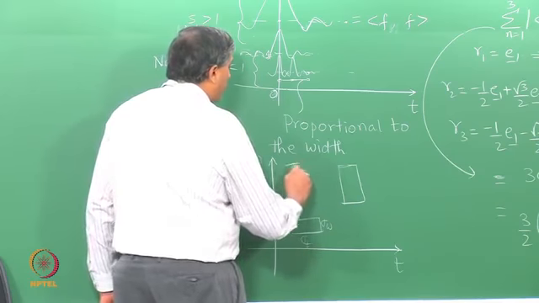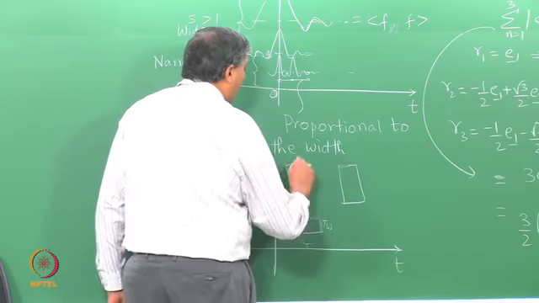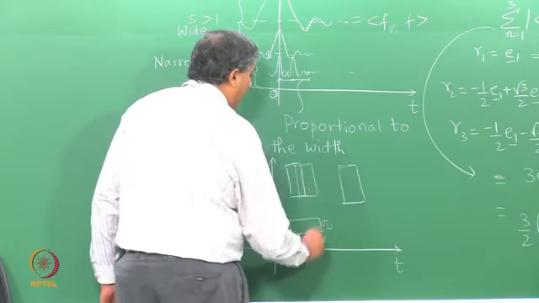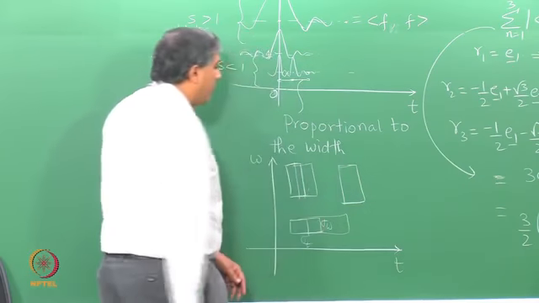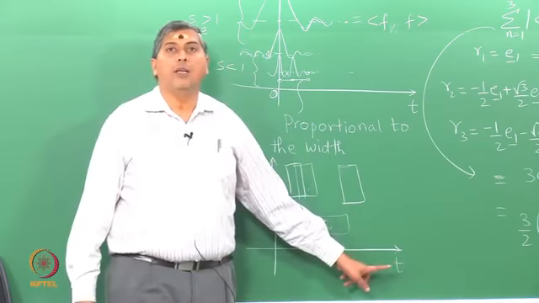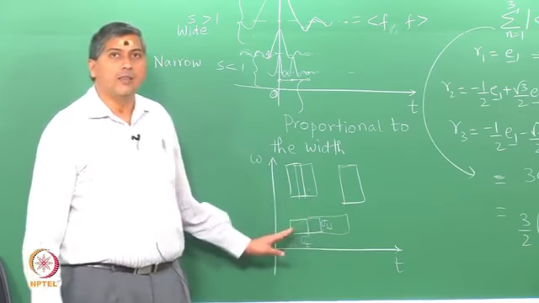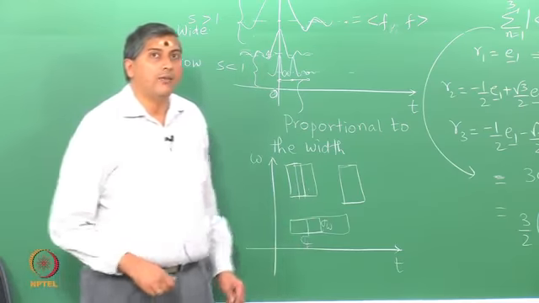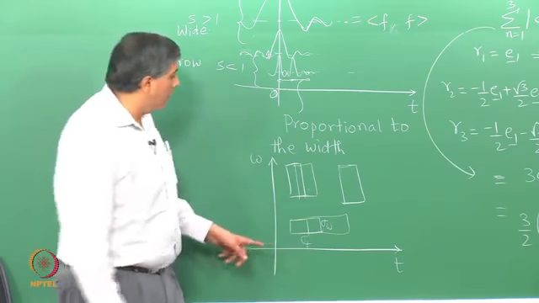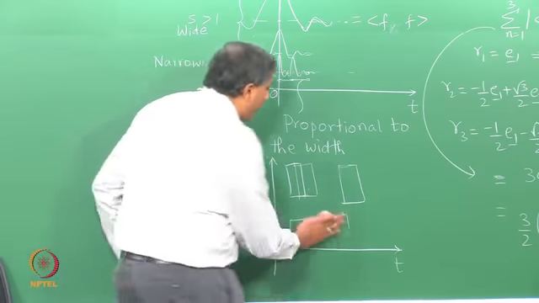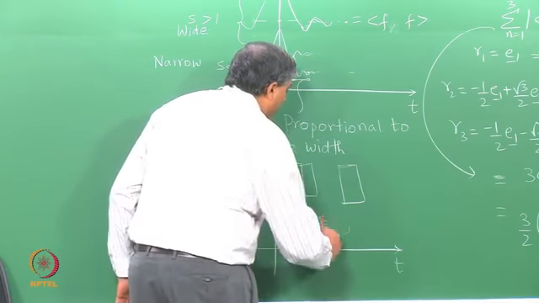Now, I can have tilings like this, and likewise I can have tilings like this, but I choose a naught and b naught such that there are no gaps between these tiles. CWT does this, but in DWT I have the opportunity of choosing a naught and b naught such that there is no gap. So, when I do not have any gap, then these boxes do not overlap.